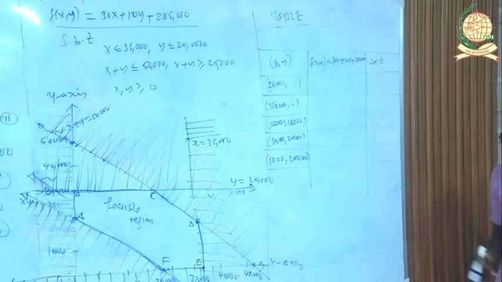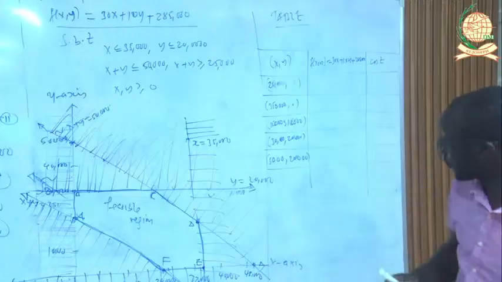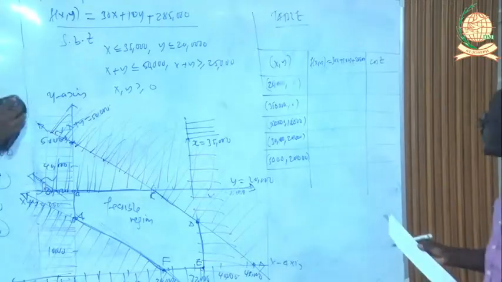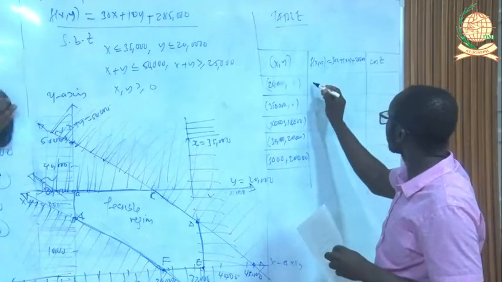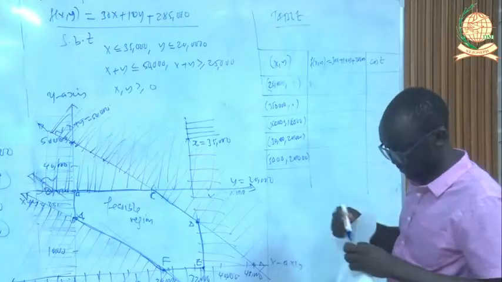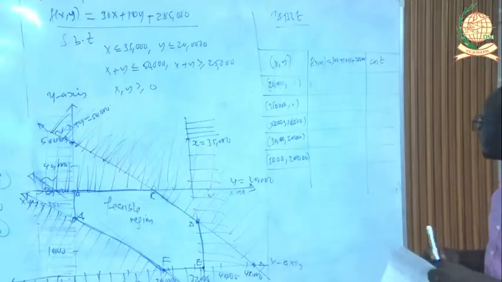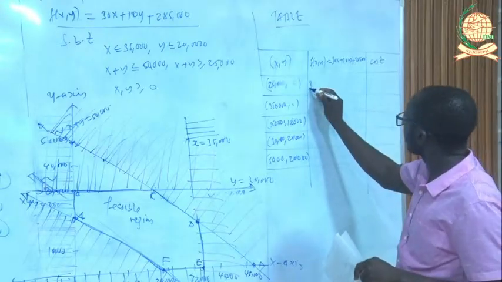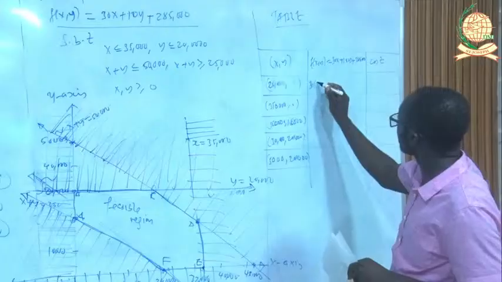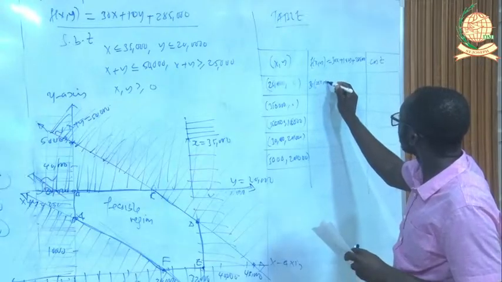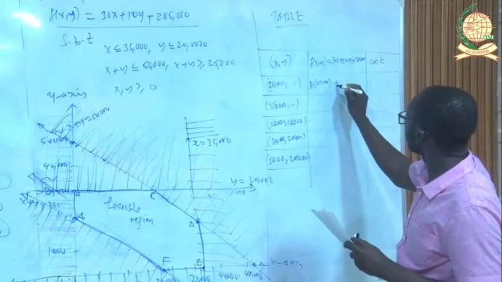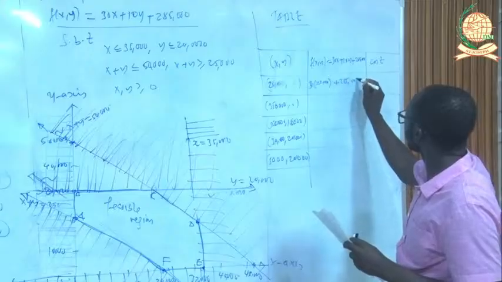So, for this value, 25,000, the function says it is 30 times x, which is 25,000, plus 0y, which is not there, then 285,000.